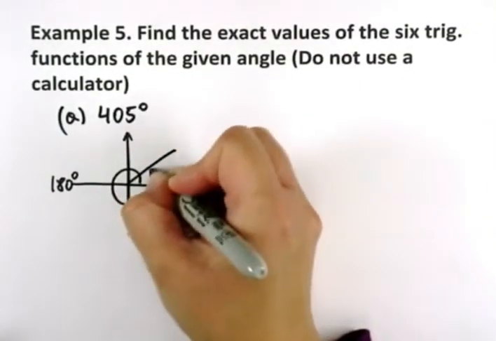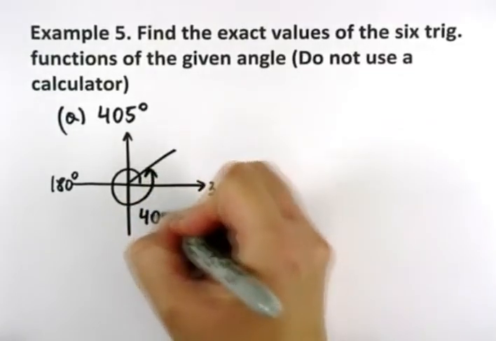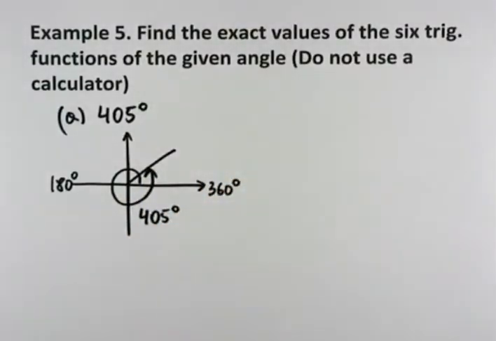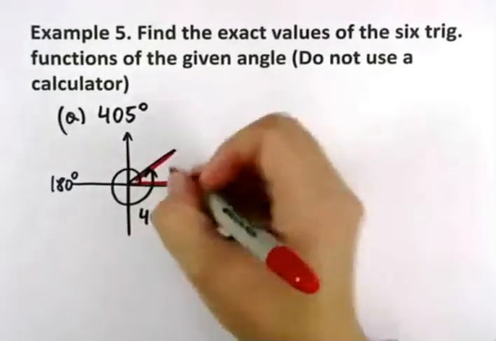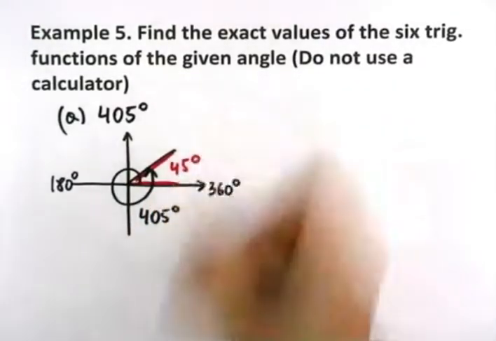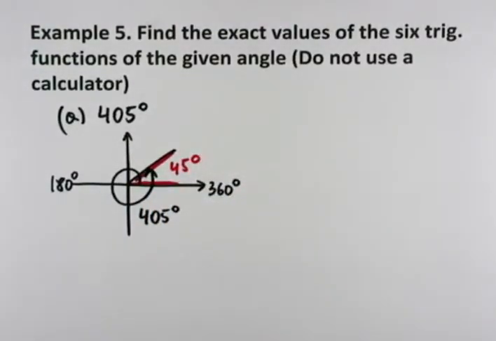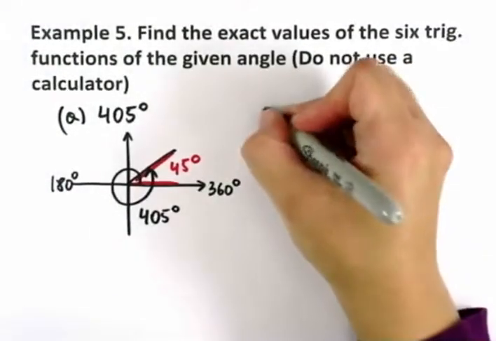This angle is 405. And how much more did we pass? It is 45 degrees. So the reference angle, this angle, is 45 degrees. That's my reference angle. And now we need to get all 6 trigonometric functions.